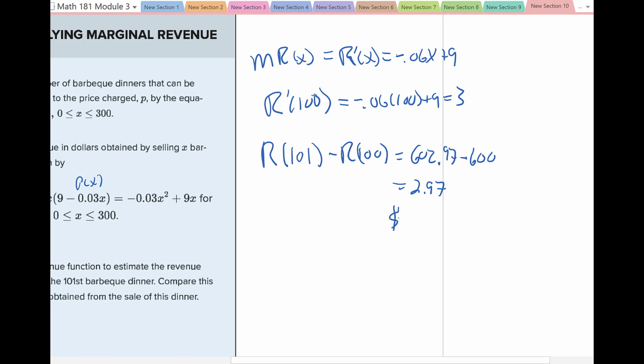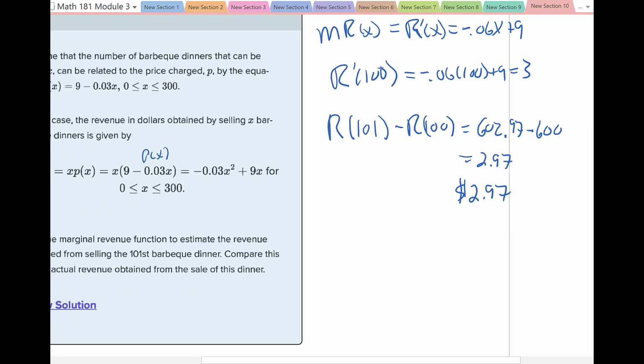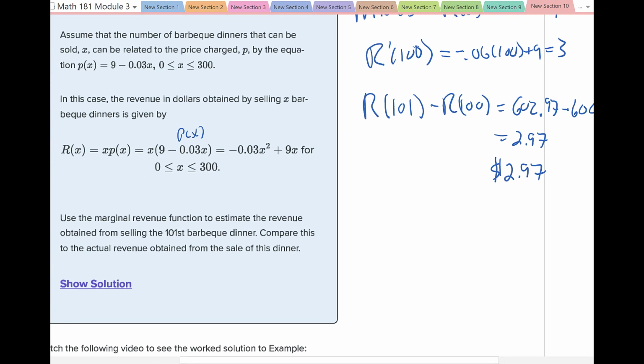So it's $2.97. And that's pretty close to the revenue calculation there. So our estimate was $3 and the actual calculation was $2.97. So I was comparing it here.